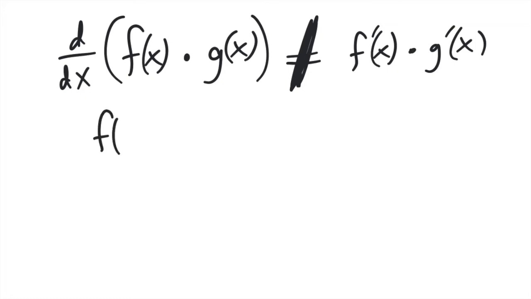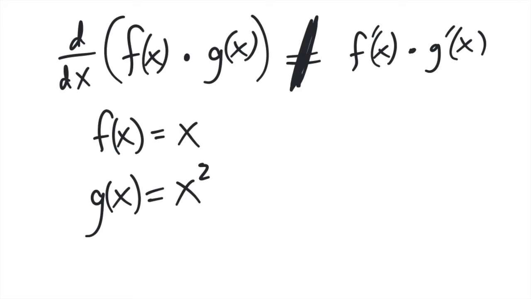Let's say that f of x is x. We'll just stay pretty basic. It doesn't take a hard example to show that this does not work. It actually doesn't work with some of the easiest functions you can come up with. So, say for example you have f of x equals x and g of x equals x squared. Let's look at the left side first. Let's take f times g first and then take the derivative.